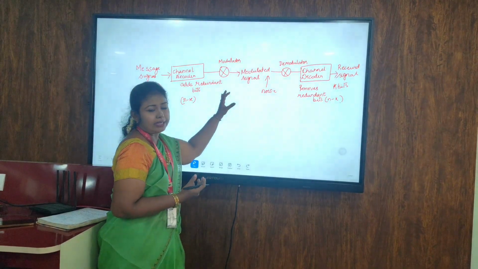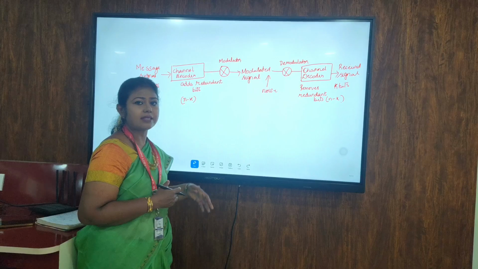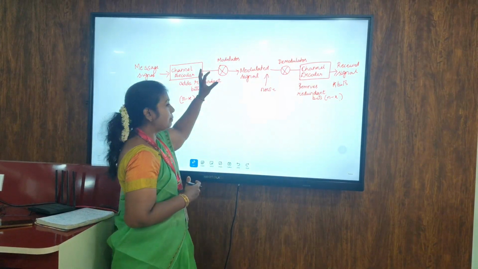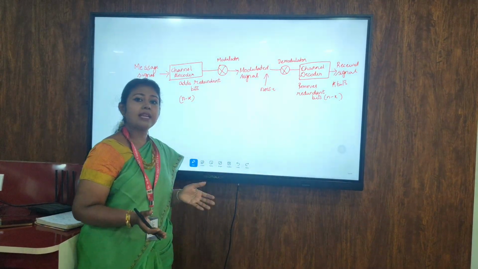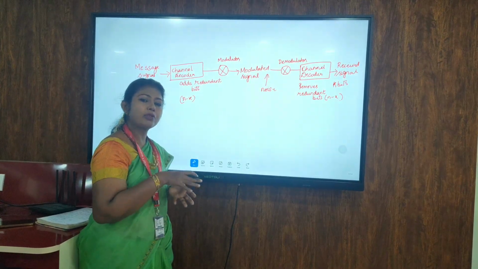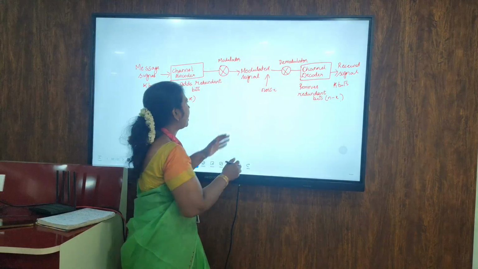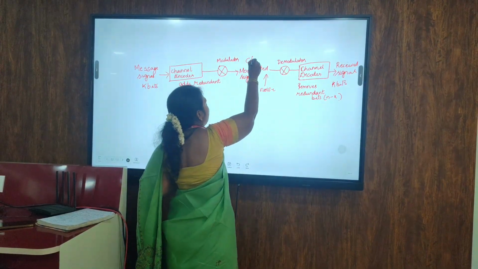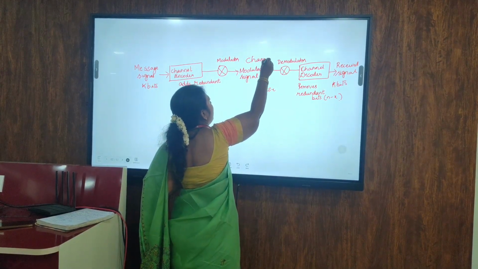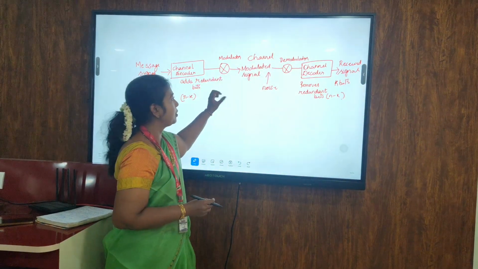Then we have a modulator. There are different types of modulation techniques that we have already discussed in the previous units. The modulator makes the carrier to be modulated or superimposed on the message signal, then it is transmitted in the channel. This is the channel where noise gets added to our original message.